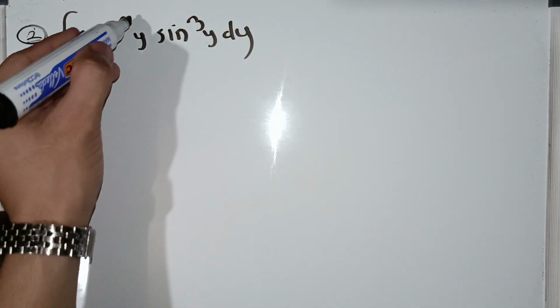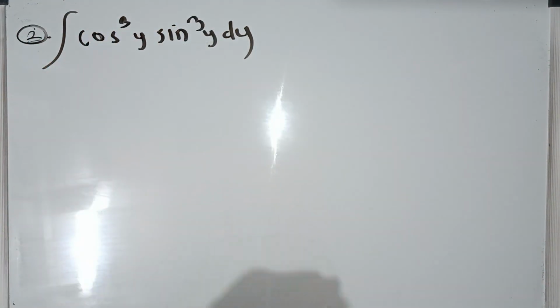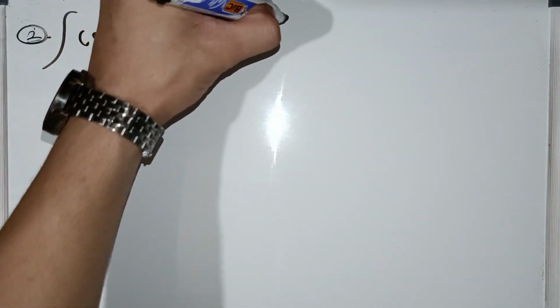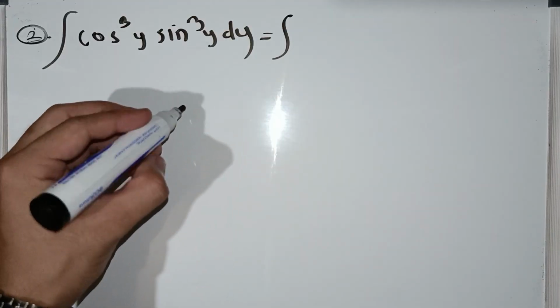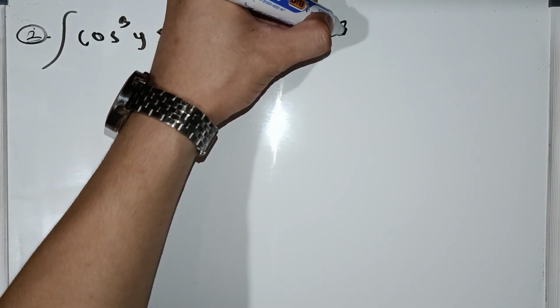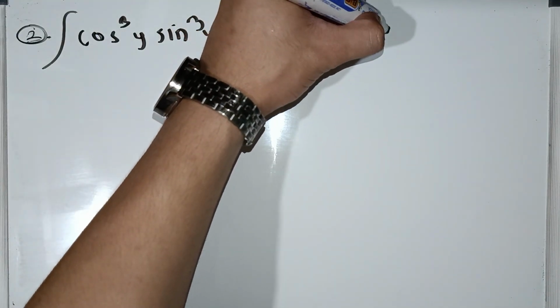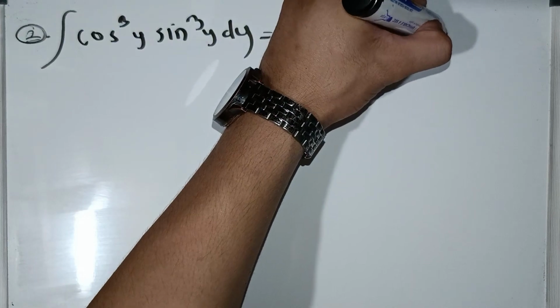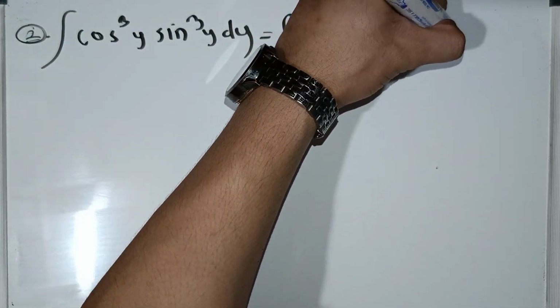To solve this, minus 1 either of the two, so that will become the integral of cosine squared y sine cube y, and the one we subtracted from the cosine, so it will become cosine y dy.